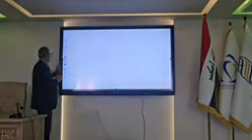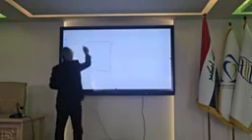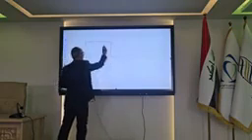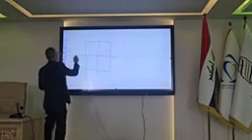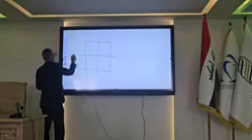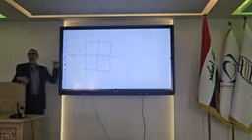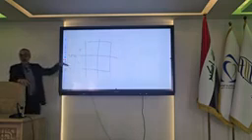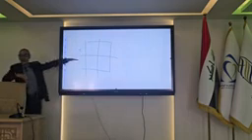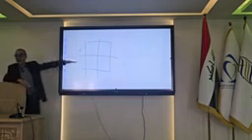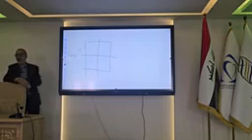I will return again to a 2x2 table. We have a 2x2 table, 2 rows and 2 columns. Rows are allocated to the test results and columns to the gold standard.